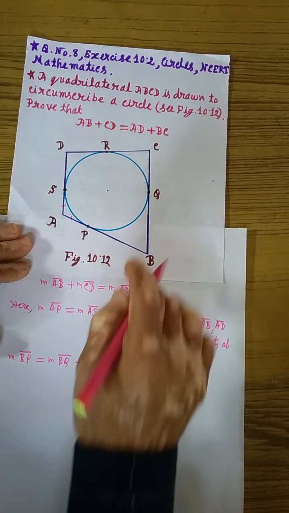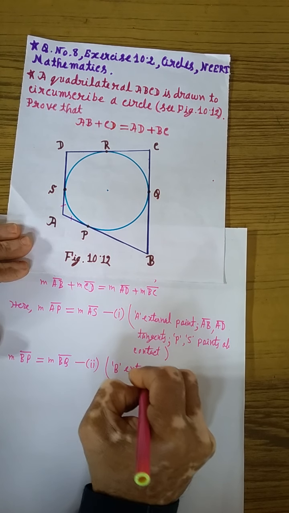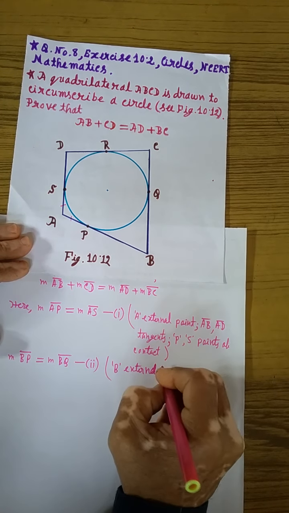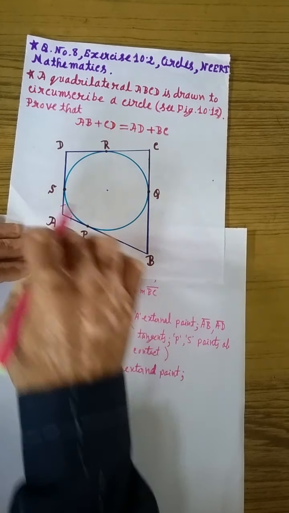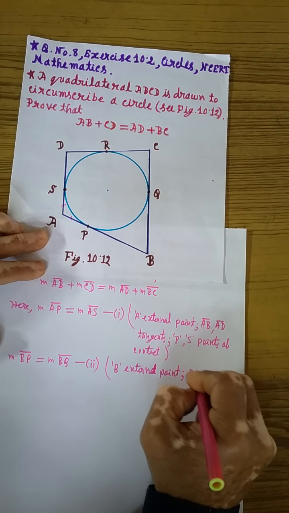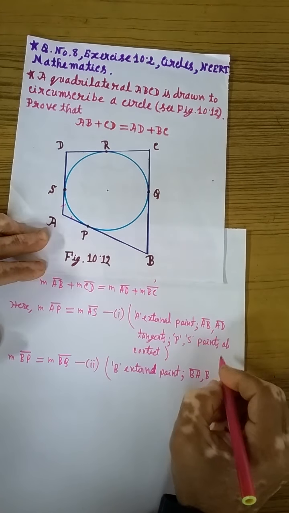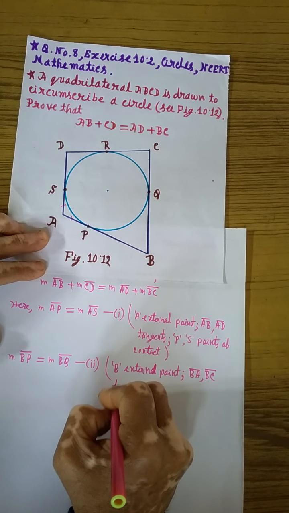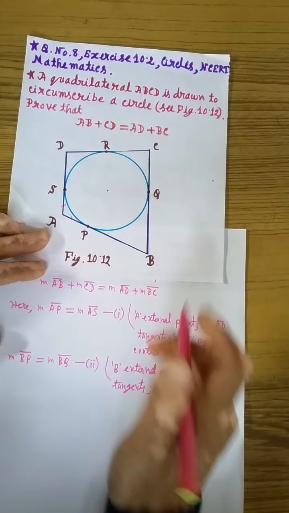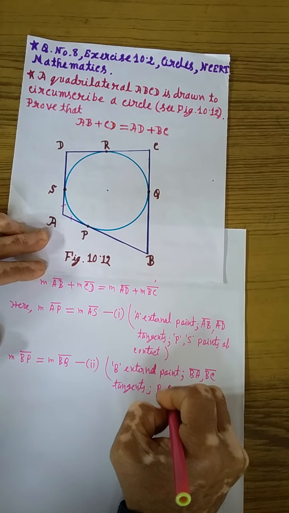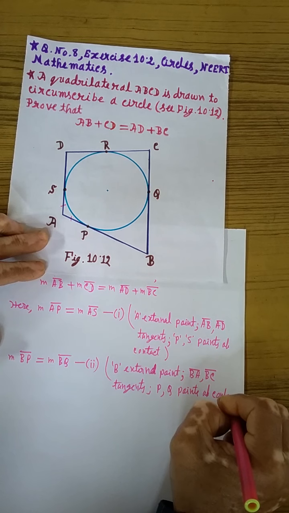After this, write within bracket, this time B external point, BA, BC tangents, P and Q points of contact.